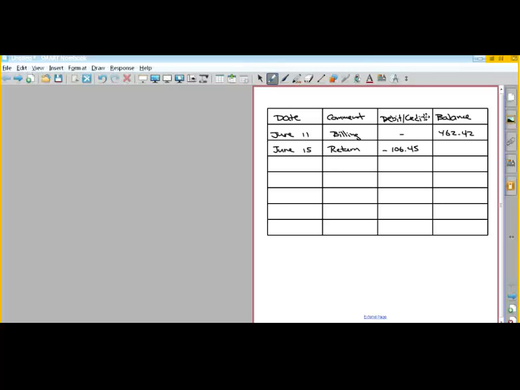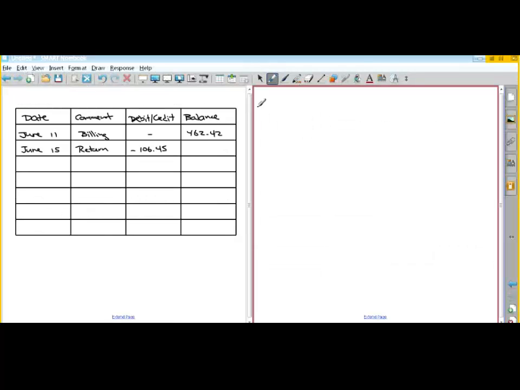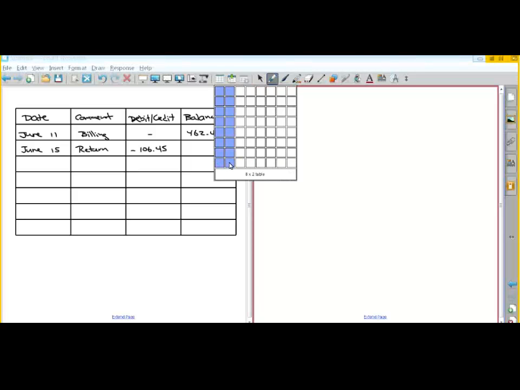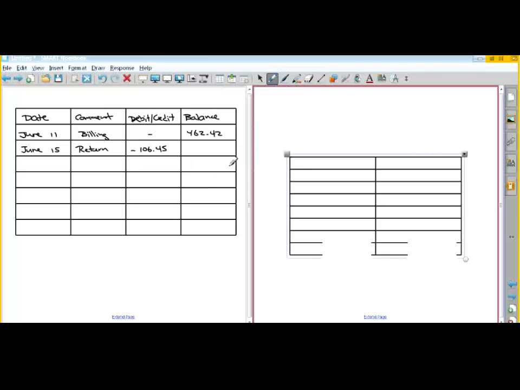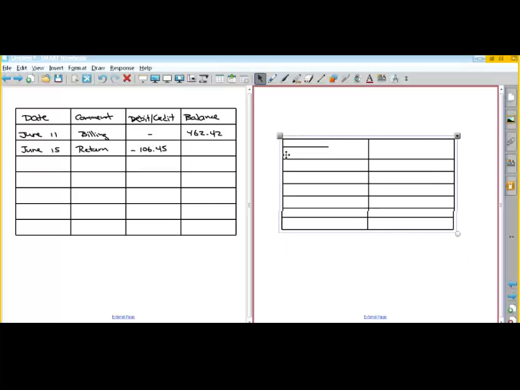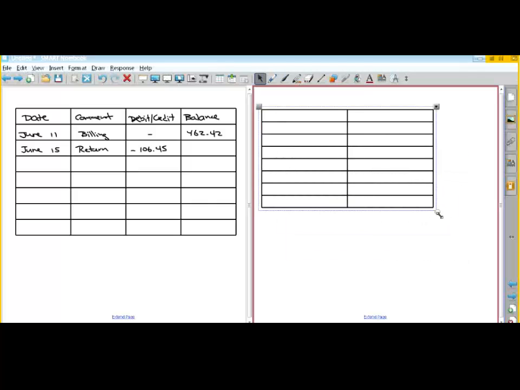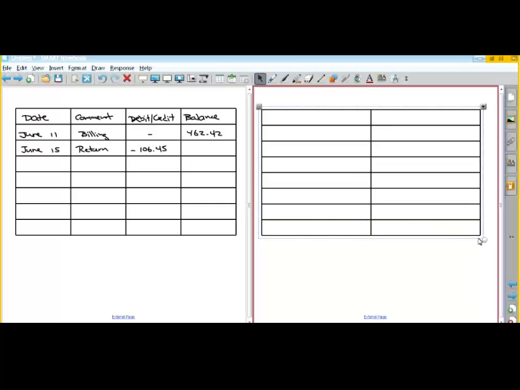So for the daily balance, we're going to need a couple of extra columns here. So let me add those. It's going to be 8 columns. We've got the running balance and the number of days until the balance changed, and so we just need two more columns here. So this is number of days.